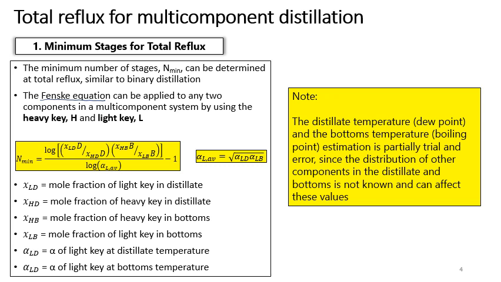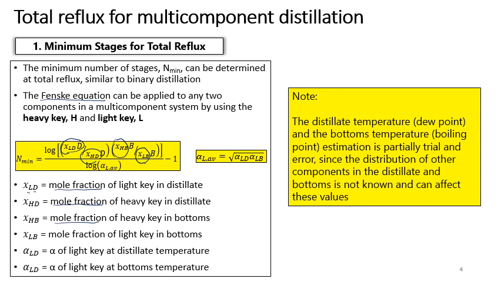the formula with this: x of light component in the distillate, x of heavy component in the distillate, x of heavy component in the bottom, and x of light component in the bottom. All these x's are the mole fractions, and if it indicates L, meaning the light key, and if it indicates LD, then D is distillate.